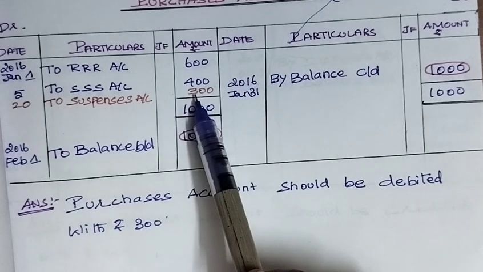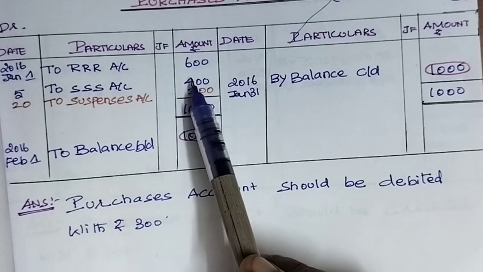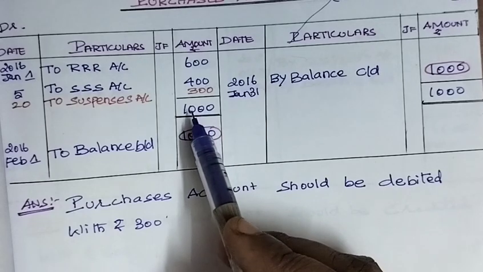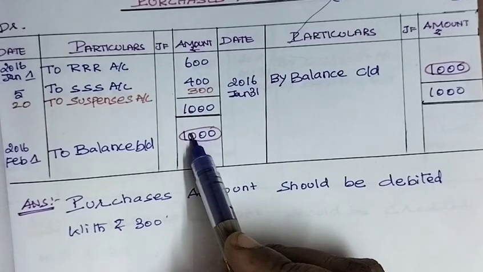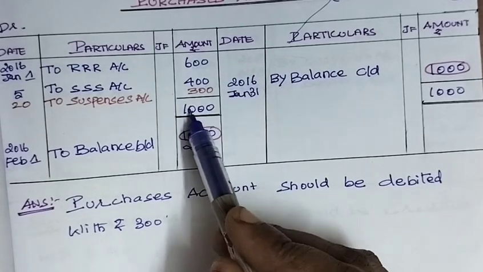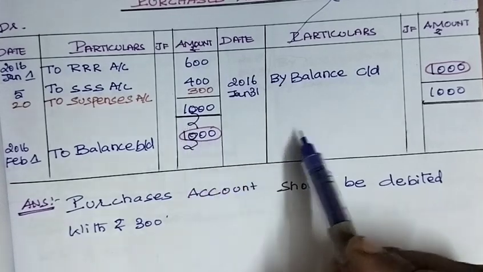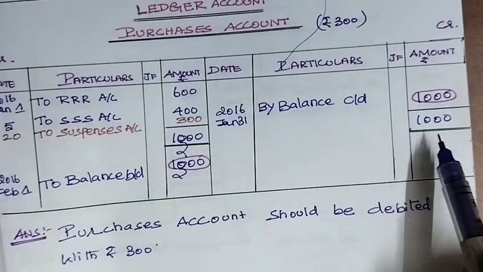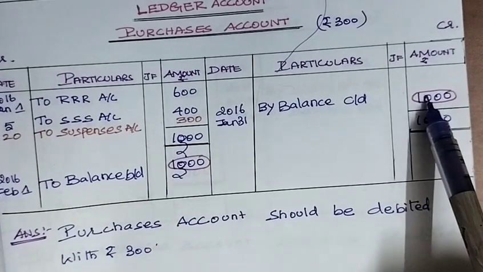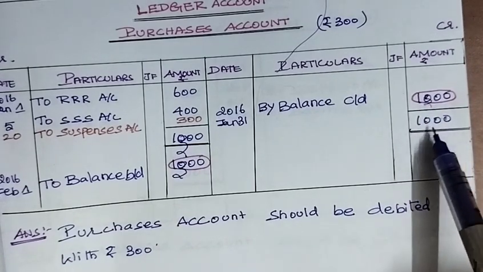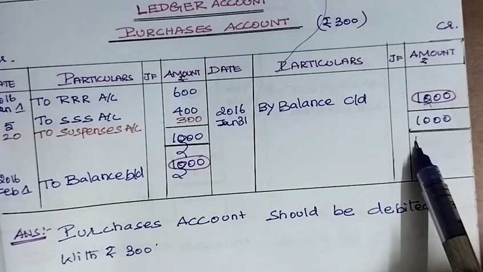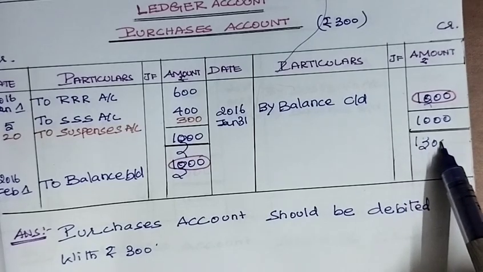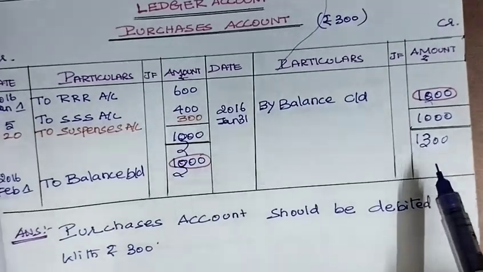Now we need to add this 300. So 1000 plus 300 rupees. On the closing balance, we add that 300 rupees. Then on the opening balance also, we need to add that 300 rupees. So 1300 rupees we added.